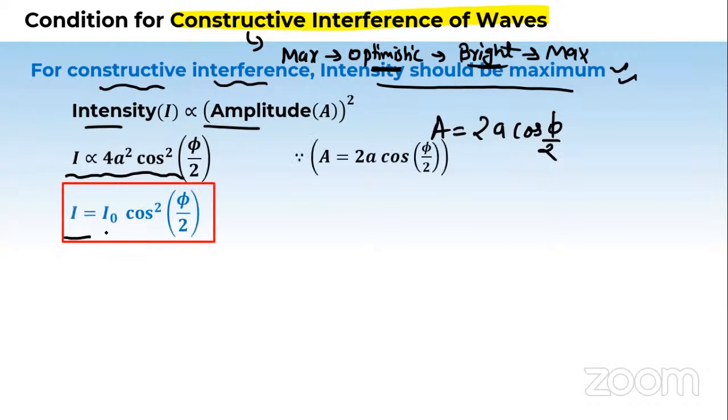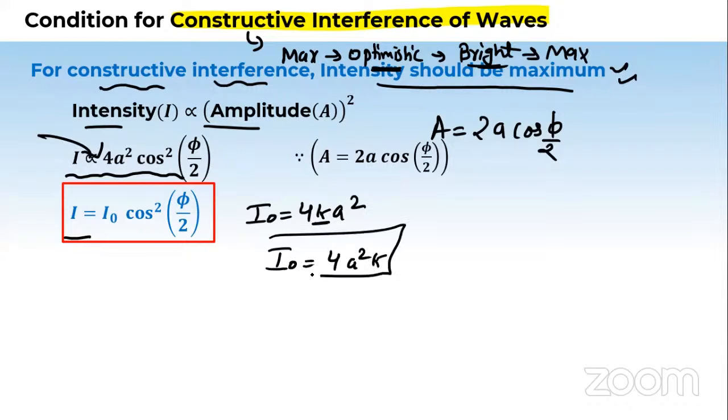This is intensity, I equals I₀ cos²(φ/2), where I₀ is 4ka². I put a constant to remove the sign of proportionality. This I₀ is known as the maximum intensity.